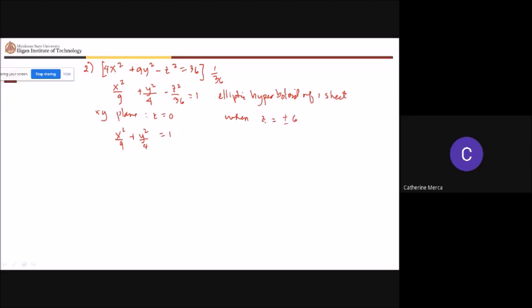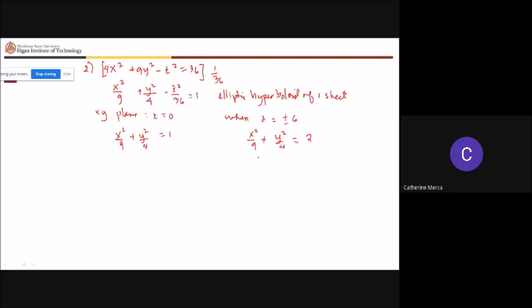So when z is equal to plus or minus 6, we will have x squared over 9 plus y squared over 4 minus 36 over 36, which is 1. Moving it to the other side, 1 plus 1 gives 2.